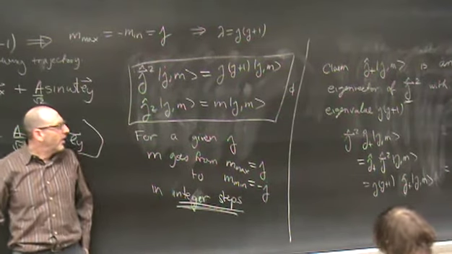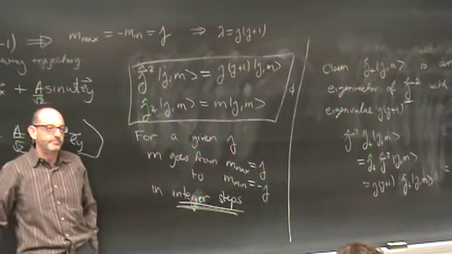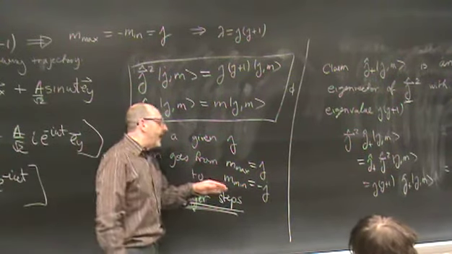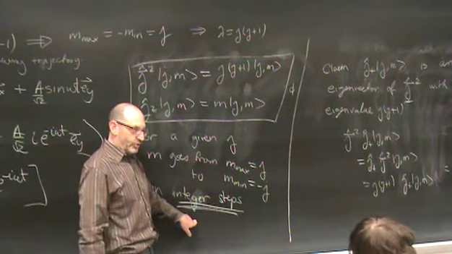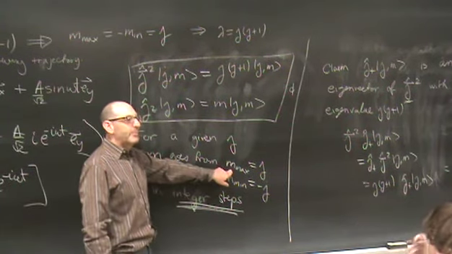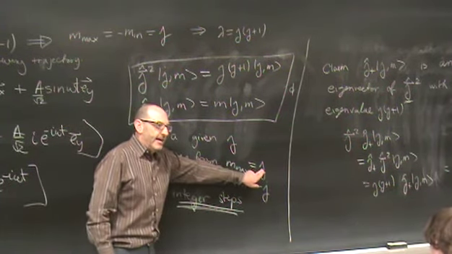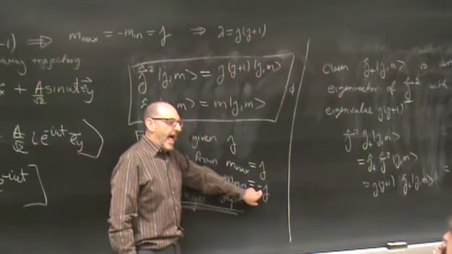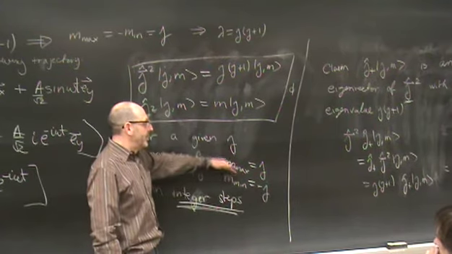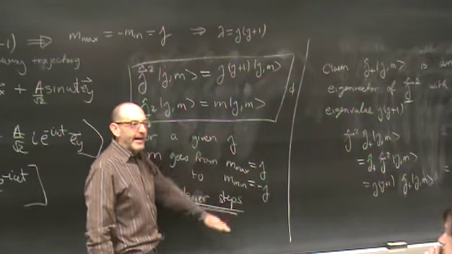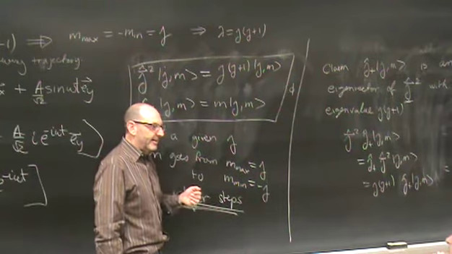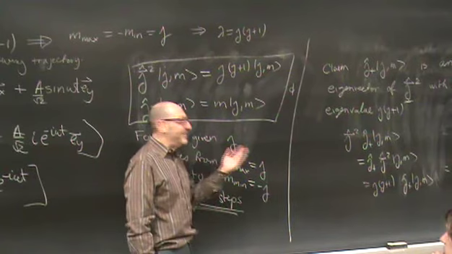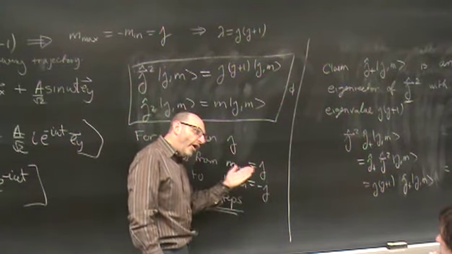Now, what are the possible values of j? Well, if these three facts are true, that the maximum m is j, that the minimum value is minus j, and I get from the maximum to the minimum value through a sequence of subtracting or adding 1, then the only way that could be true is if either j is an integer or j is a half integer.